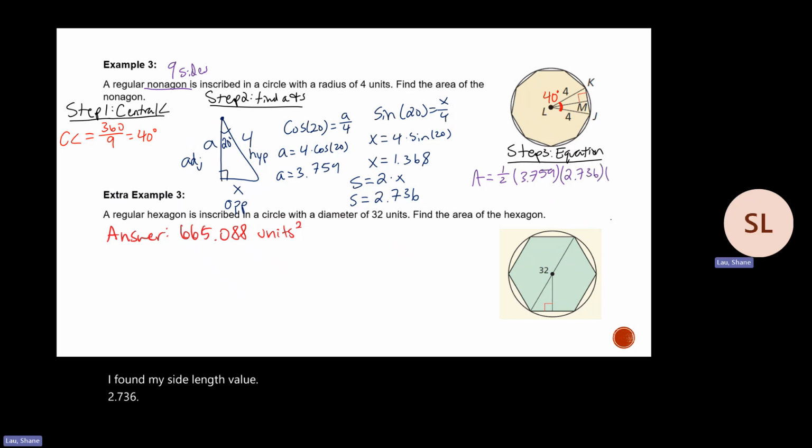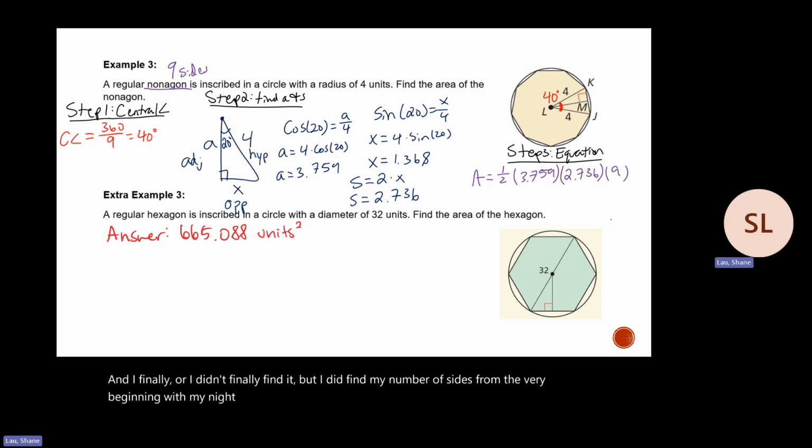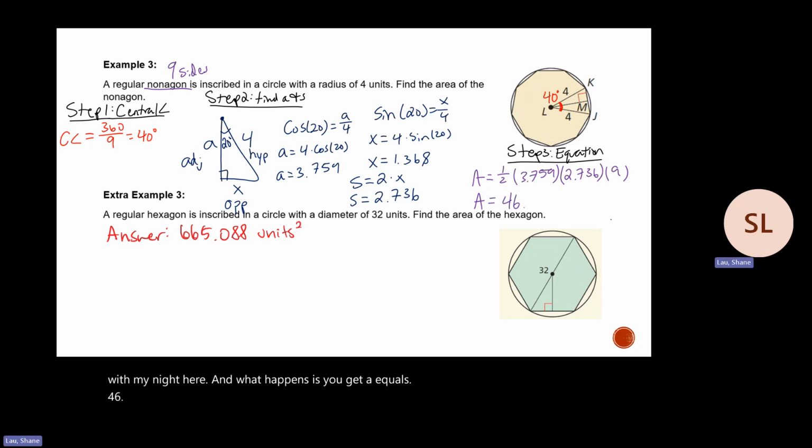And I did find my number of sides from the very beginning with my 9 here. And what happens is I get A equals 46.281.